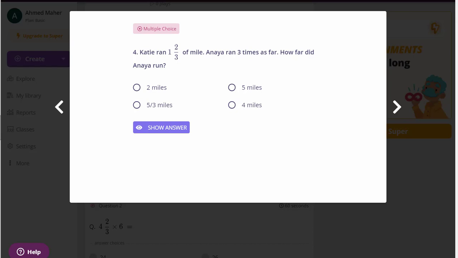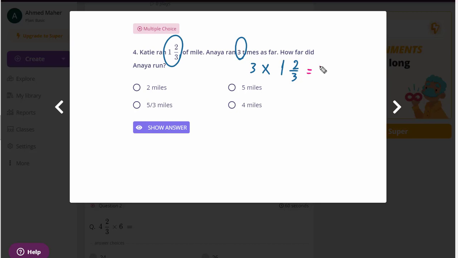How far did Anya run? Then we will multiply 3 times 2/3.